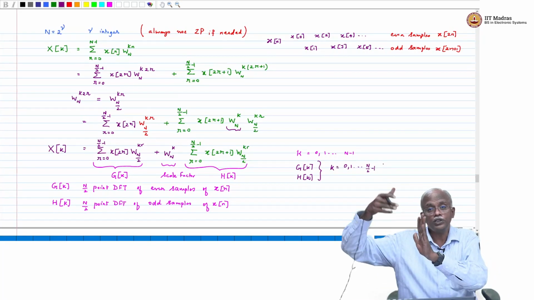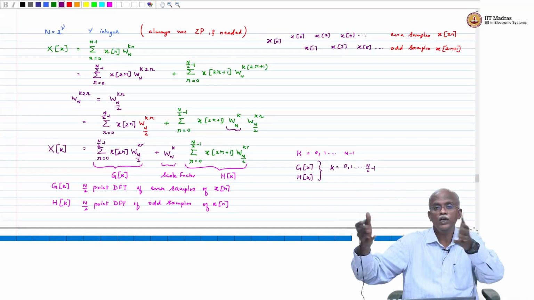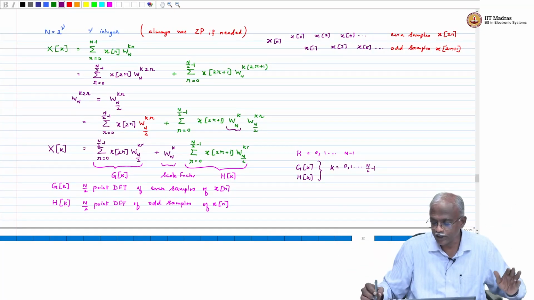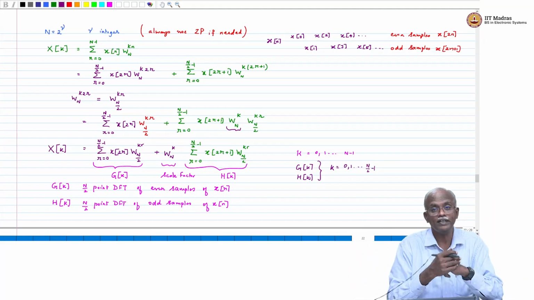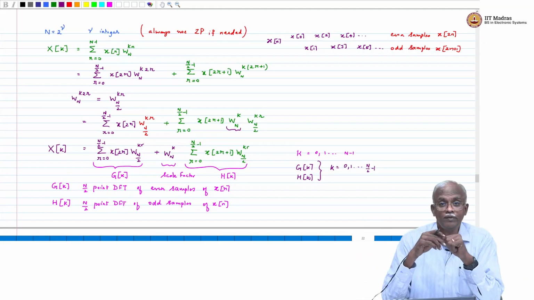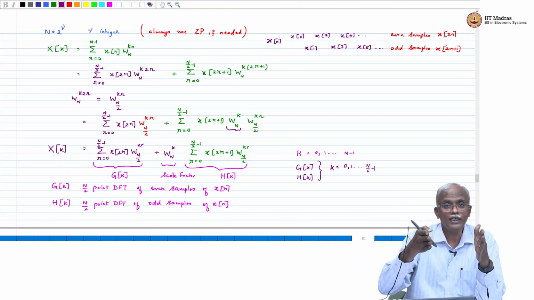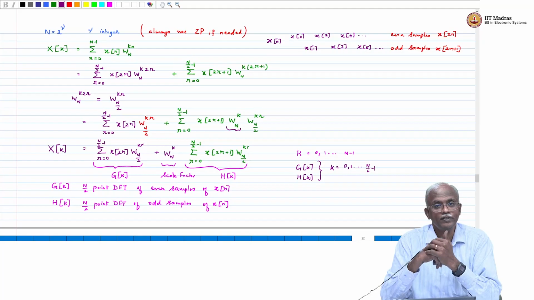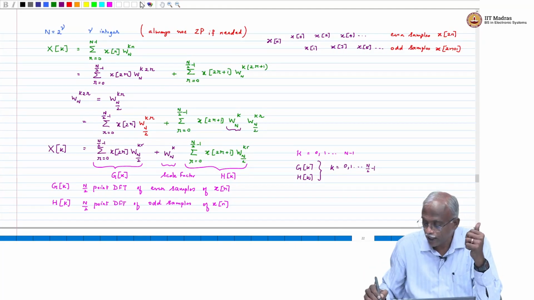When it goes outside of N/2 minus 1, then you do modulo N/2. So basically you can get the expression for X[k] from the two N/2 point DFTs. So the original question that we asked, can we reduce an N point DFT to two N/2 point DFTs? The answer is yes. And that's exactly what we have shown.